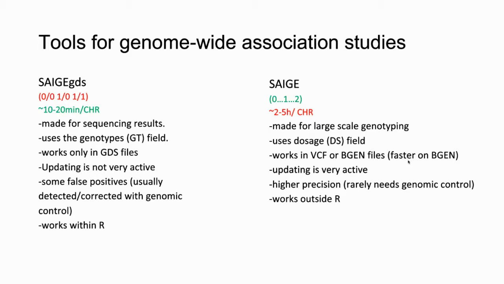It's a little faster with BGEN files, I seem to remember. It has very active updates. I think 2 months ago was the last version that I noticed. And it has higher precision. I have not actually used genomic control with results from this SAIGE. I don't know if Robert has. And it works within R, but you call it outside of R.